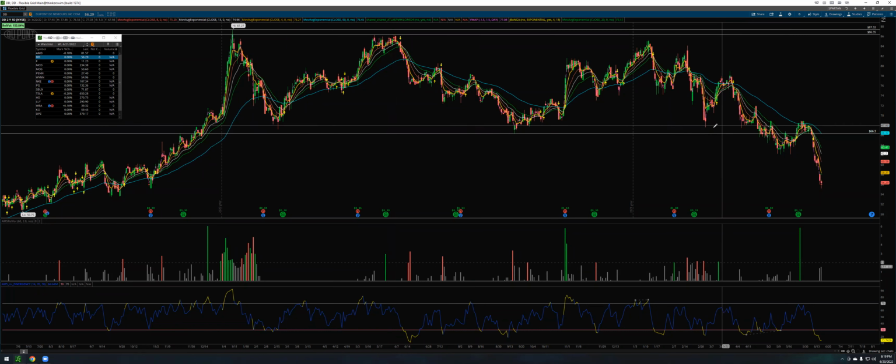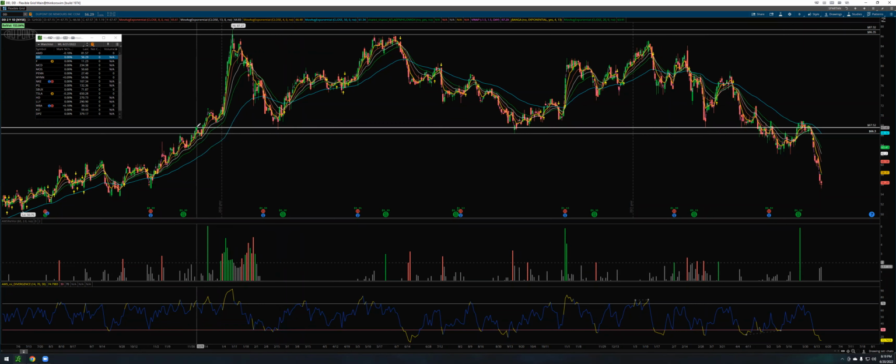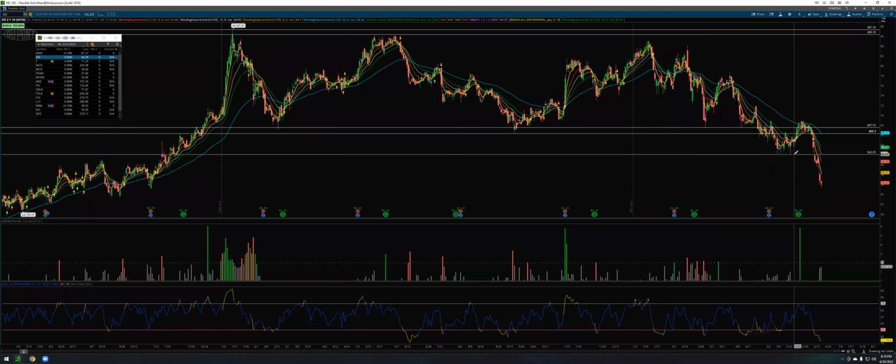What is the next valley here? See, I have this point, this level, I take it here, and this top as well. Here, this is another valley. Obviously, this low is another valley.